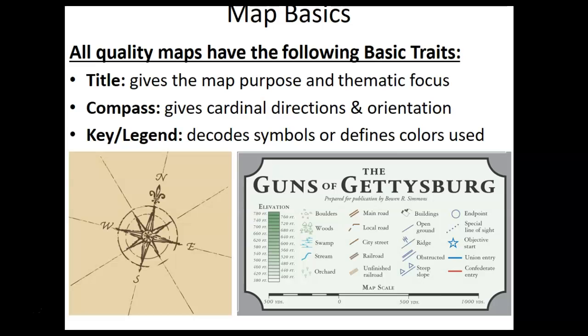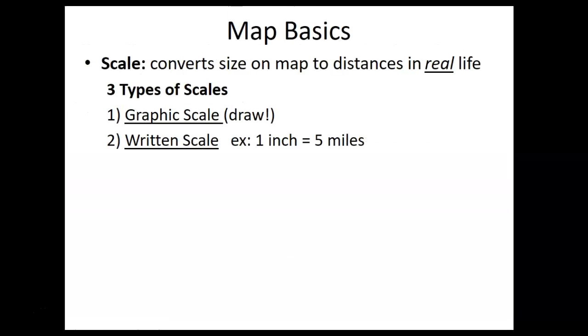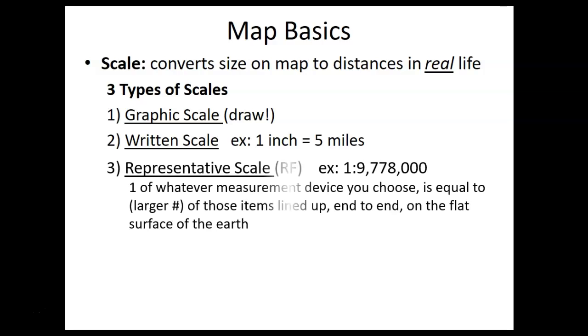And the 4th element that is a map essential is scale. And scale is defined as how large something is in real life. So in your notes, I just simplified it: a small scale or large scale.